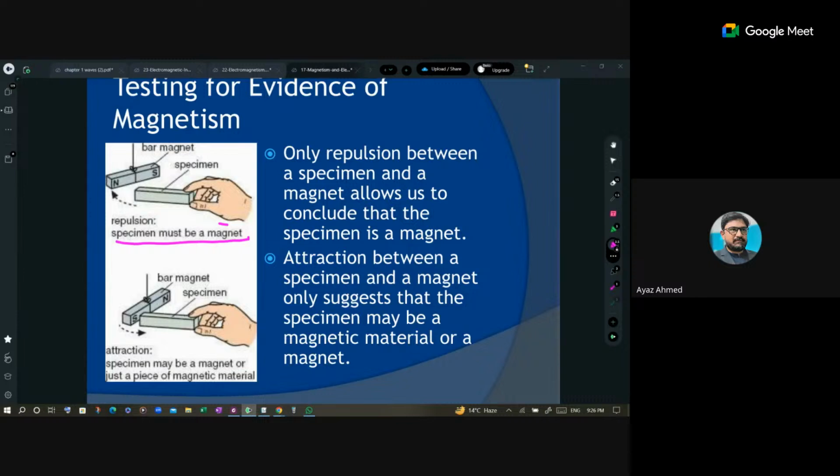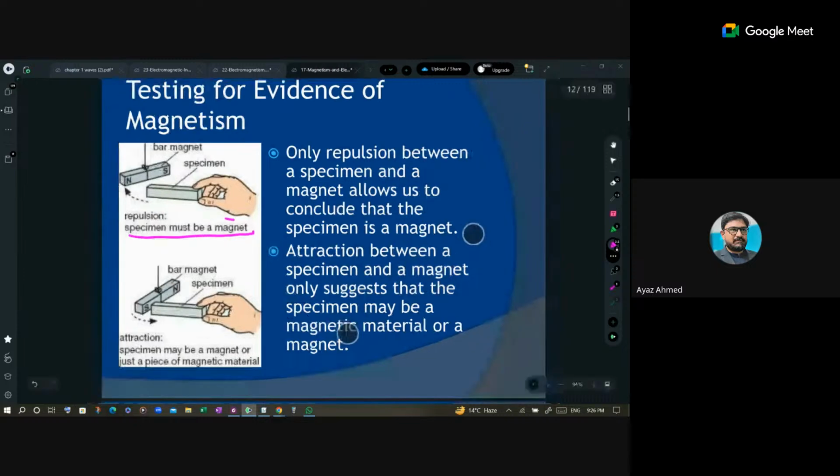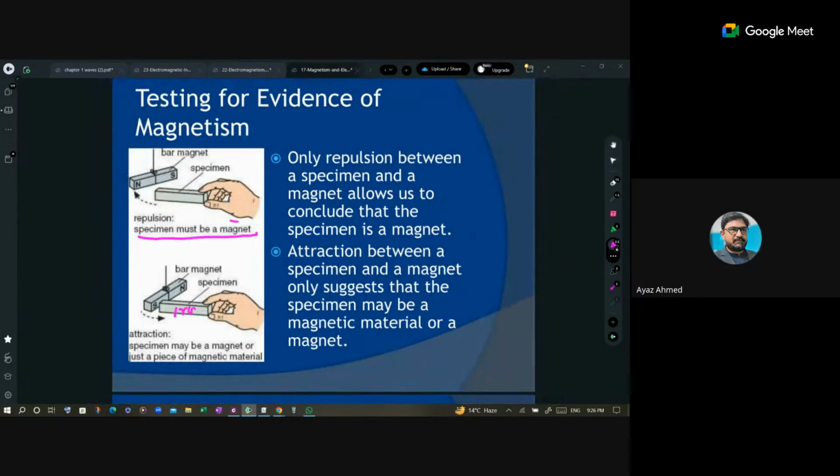Repulsion is the test of magnetism. If there is an attraction, it is not evidence that it is a magnet. It can be iron, okay, are you getting it? Yes. Only repulsion is the evidence that the object is a magnet.